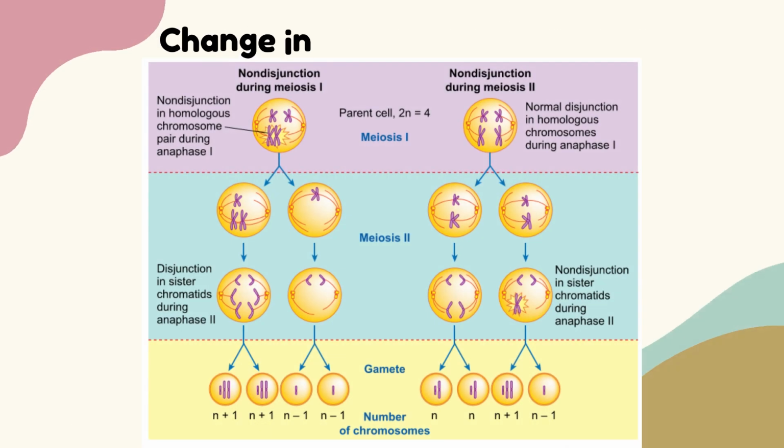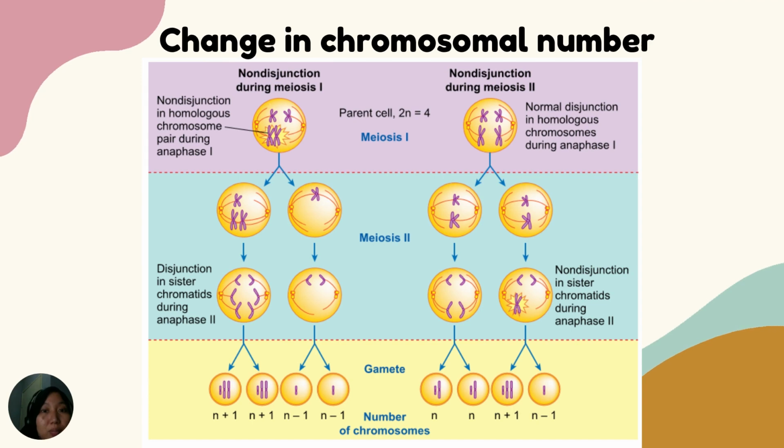All right, so now we are going to look at the chromosomal mutation, but this time it involves the change in the chromosomal number. So we know that the normal chromosome number is 46 for human. 46 is the normal number, and we already learned that when non-disjunction occurs, it will create a variation.